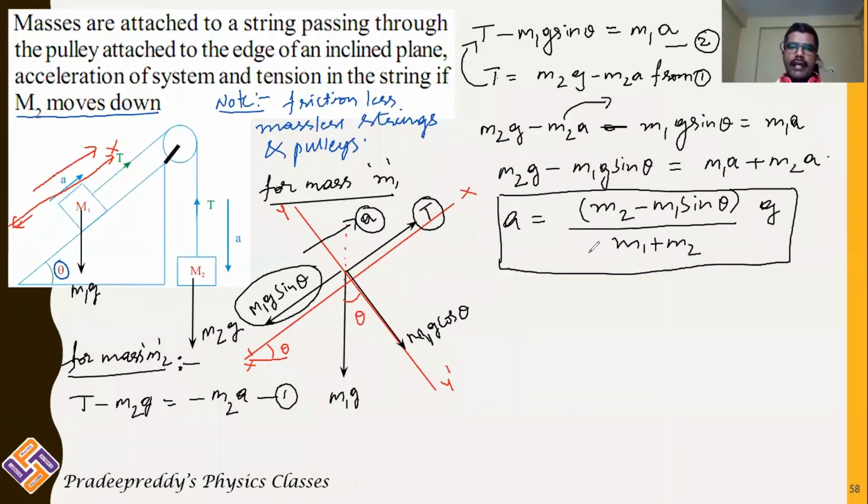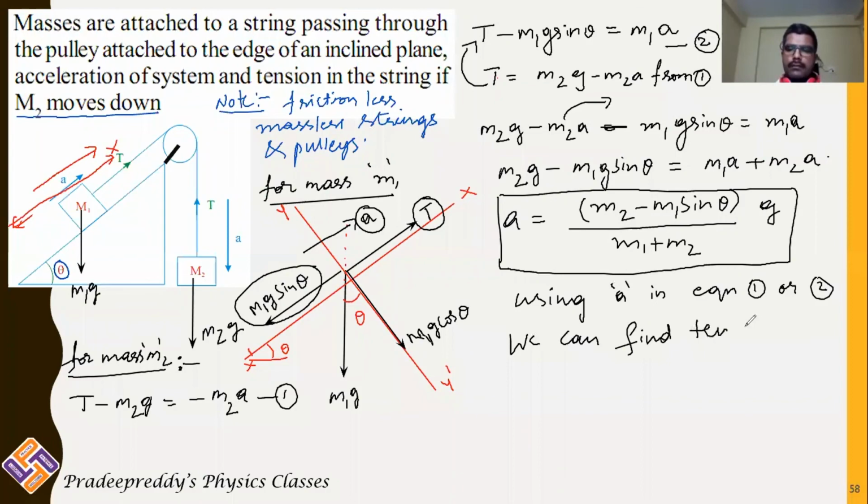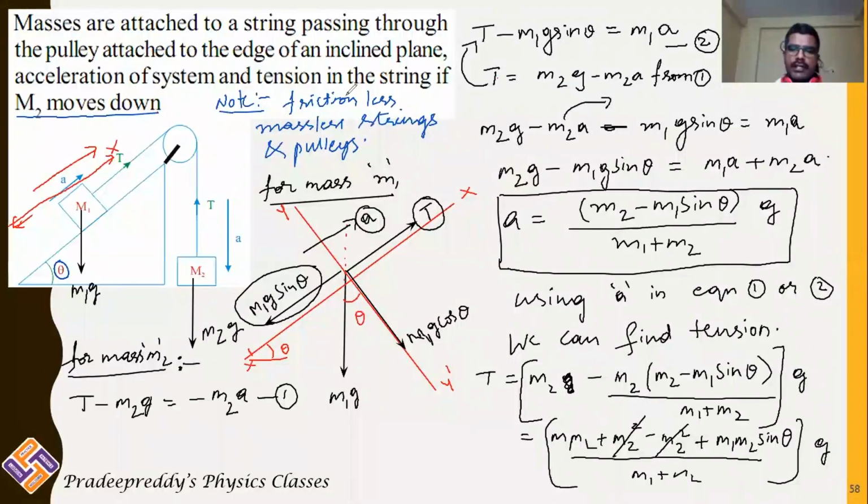Once you have calculated a, take this a and substitute it in either equation 1 or 2 to find the tension. Just substitute this a and you can find the tension in the string. Substituting a in equation 1, you will get the tension T this way.